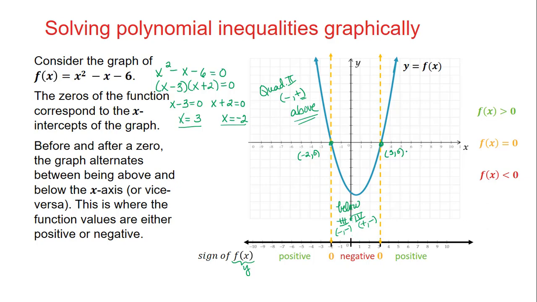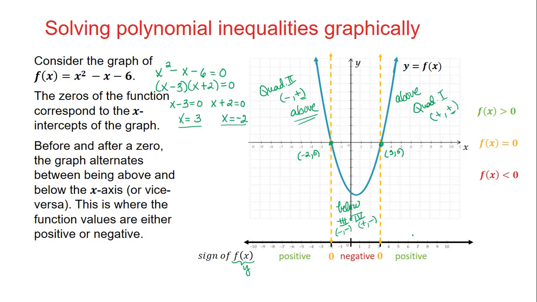And then to the right of 3, 0, the graph goes up above the x-axis. All of these points are in quadrant 1. And what we know about quadrant 1 is that the points are positive, positive. So that is, these are x values for which the y value is positive.